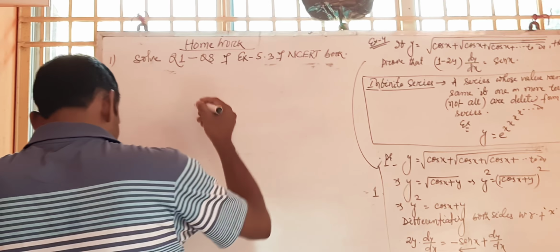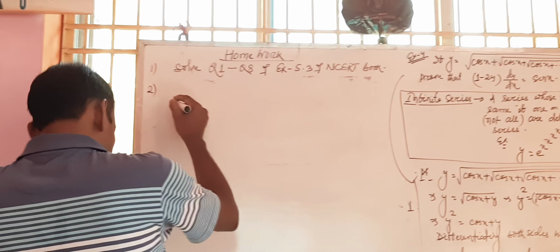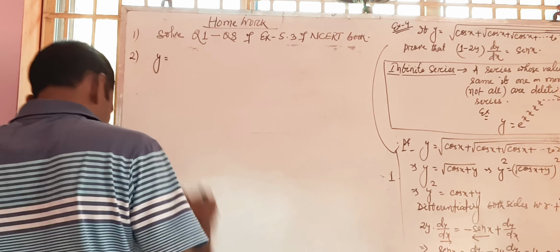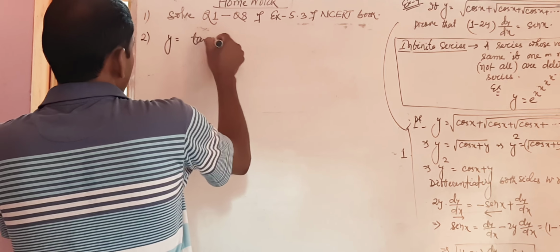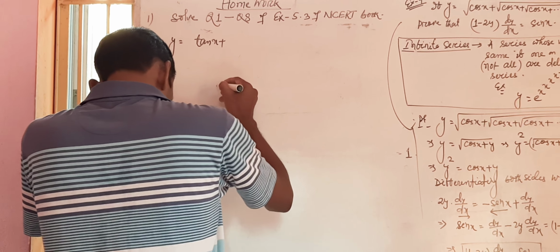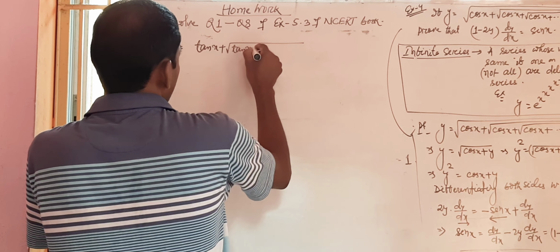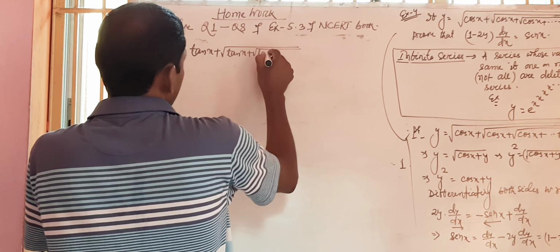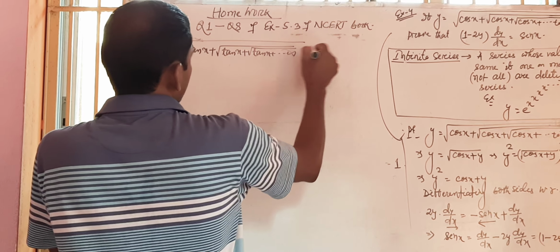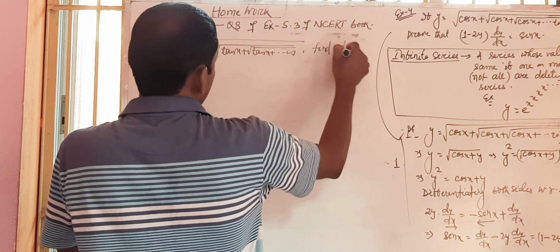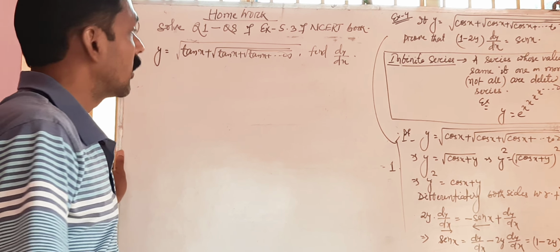Here y equal to square root of 10x plus square root of 10x plus square root of 10x up to infinity. Find dy by dx. Here I will not give you the answer, you will find it.